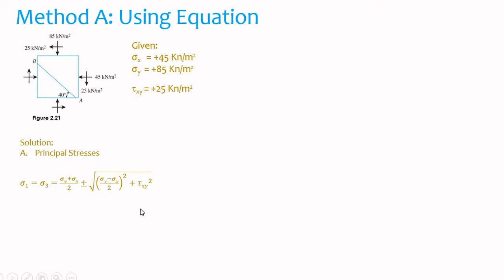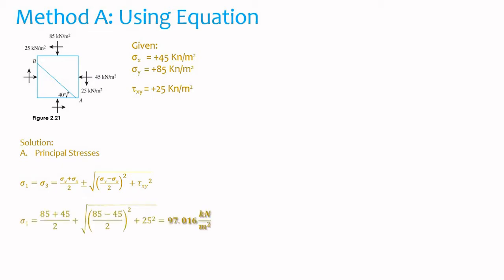So if we are solving the major principal stress, we use plus. If we are solving for the minor principal stress, we use subtract or minus. So since all the elements are known, we know the value of sigma y, we know the value of sigma x, we also know the value of tau xy, we can directly substitute it.